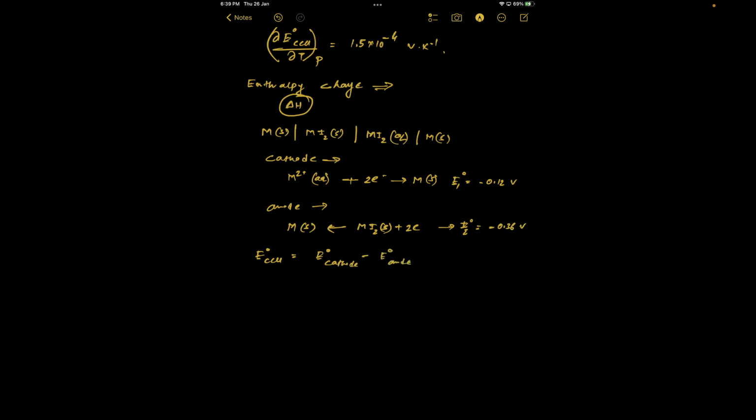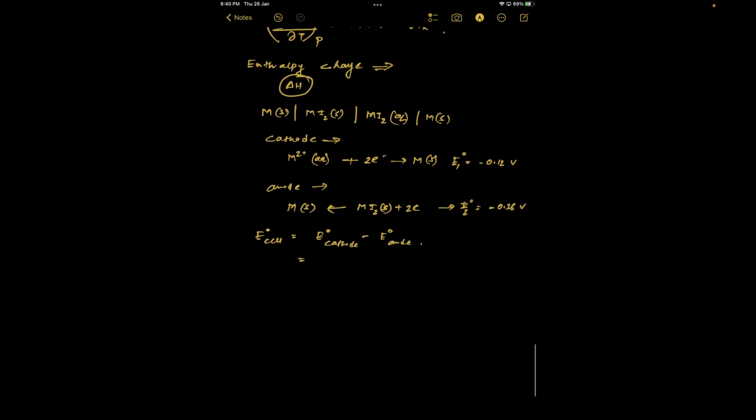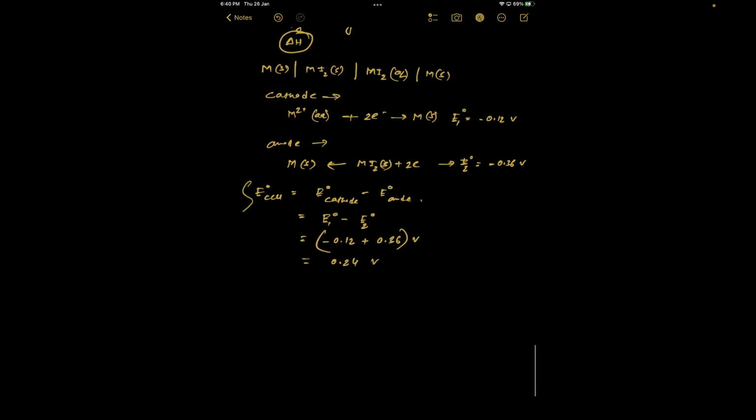You know that. So E0 of cathode means E10 here, and E0 of anode means E20. E10 is minus 0.12 volt, or it will be equal to plus 0.36 volt, right? Okay, so basically 0.24 volt. This is the E0 cell.